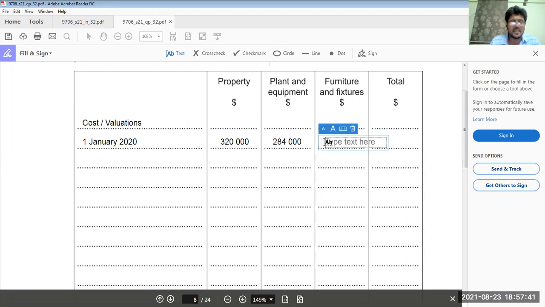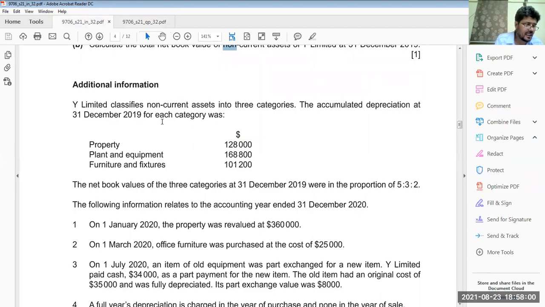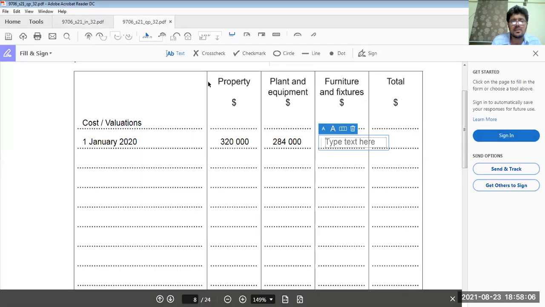Now, what about furniture and fixtures? 384,000 multiplied by 2 divided by 10, 76,800, plus its accumulated depreciation 101,200. The answer is 178,000, and it's going to be reported over here: 178,000.